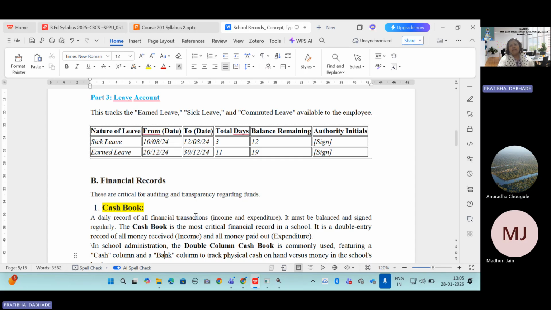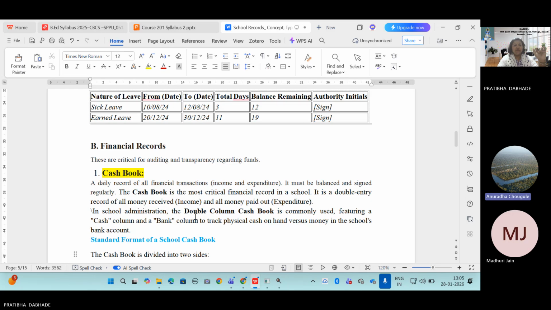Actually, one more thing is that in your internship, you are going to write one activity, that is school records. So accordingly, you are supposed to write, and for that also you are supposed to use the evaluation index, which is provided in the journal. Yes, ma'am, service book and log book, they are not giving.